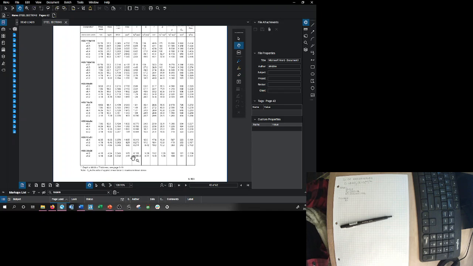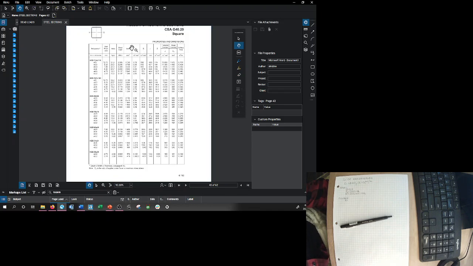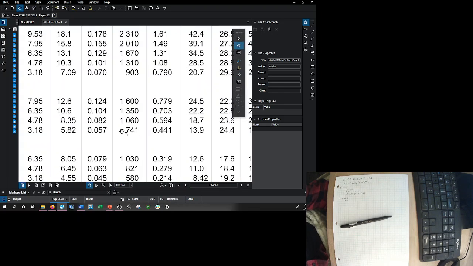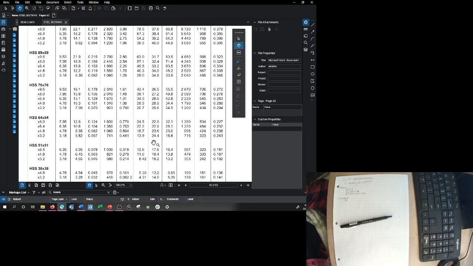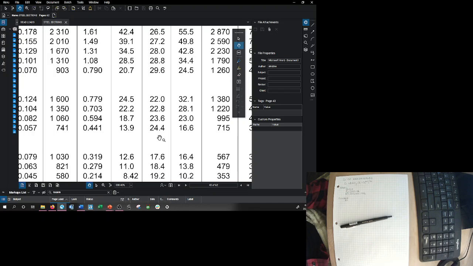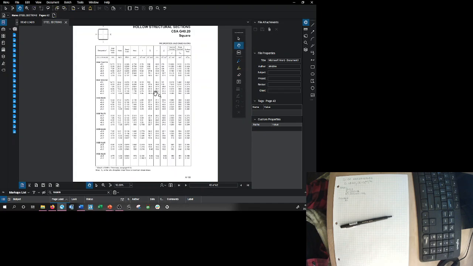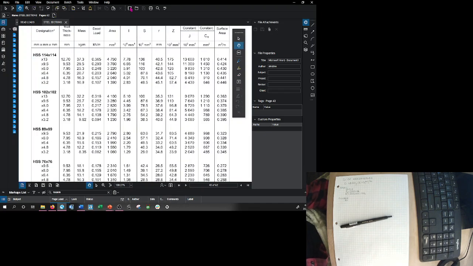So that means that we can look up the area of our HSS 64 by 64 by 3.2 is 741 millimeters squared. And the other thing we know we need is our R, which is 24.4 millimeters.